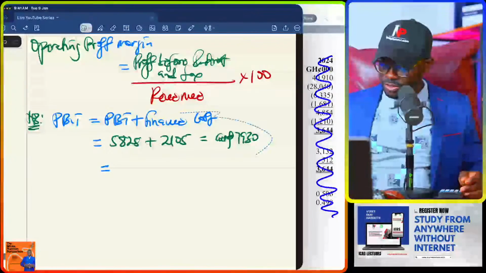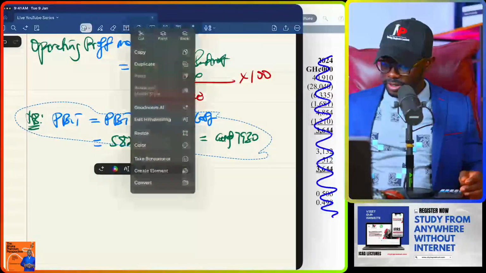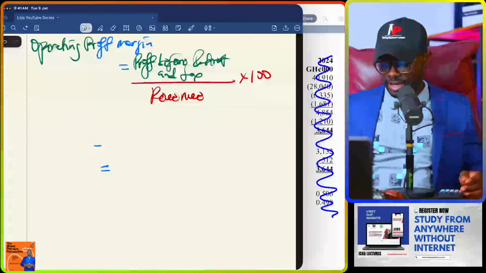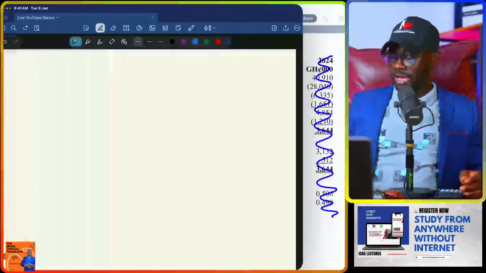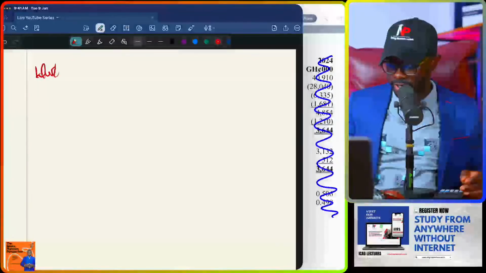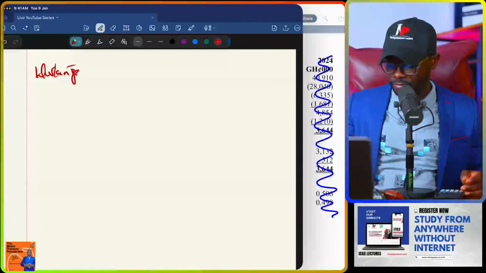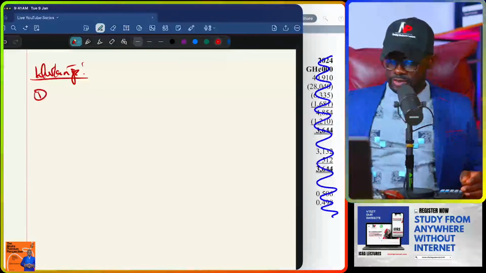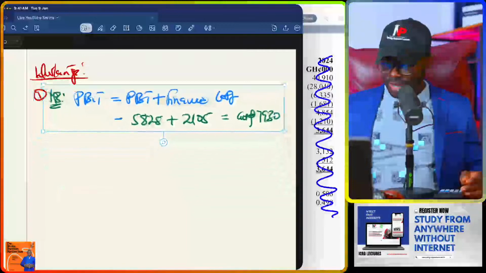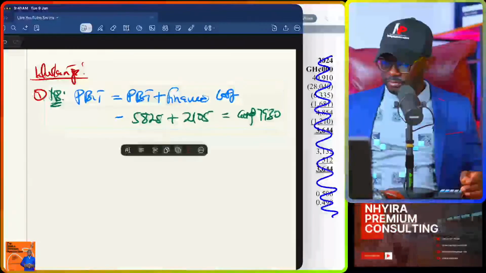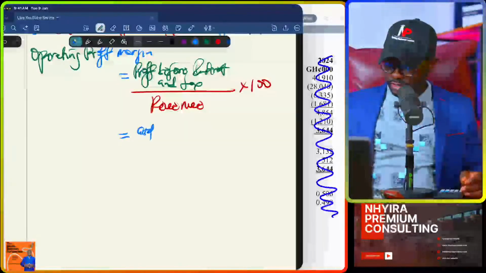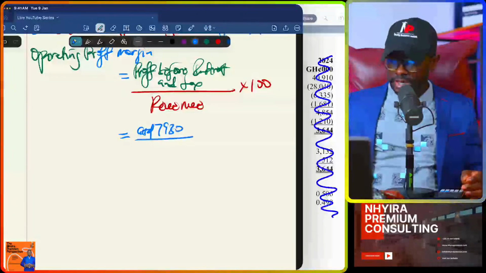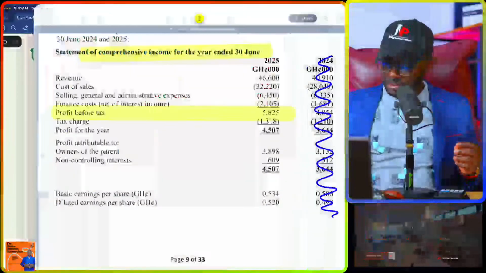Or maybe I could do something and put this as a workings. Give me a sec. Let me put this as part of my workings somewhere. So workings 1, PBIT. So 7930 divided by the revenue.